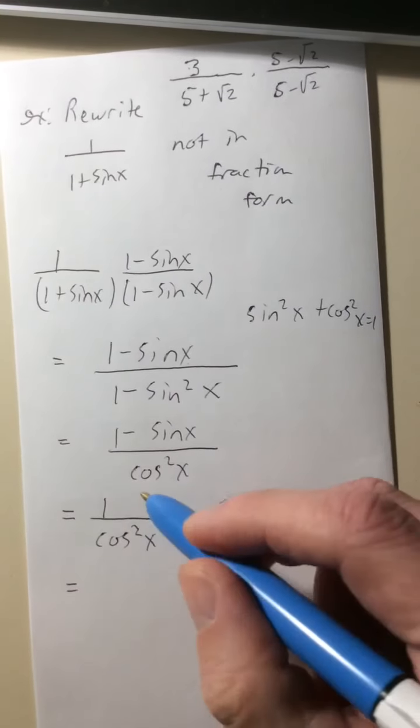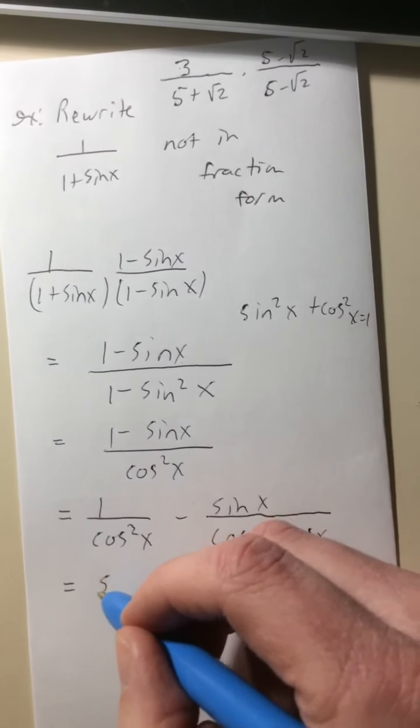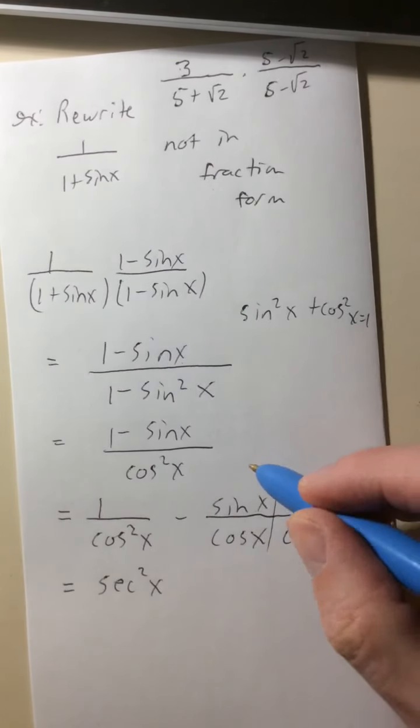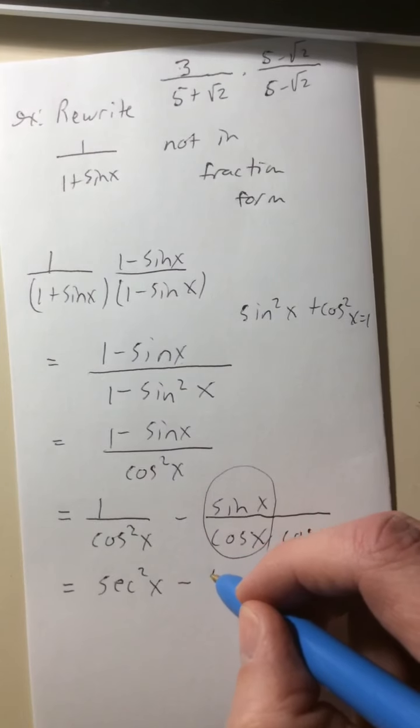So we know that 1 over cosine squared x, using the reciprocal identity, gets us secant squared x. And this sine over cosine, we know that's tangent, so that's tan x.